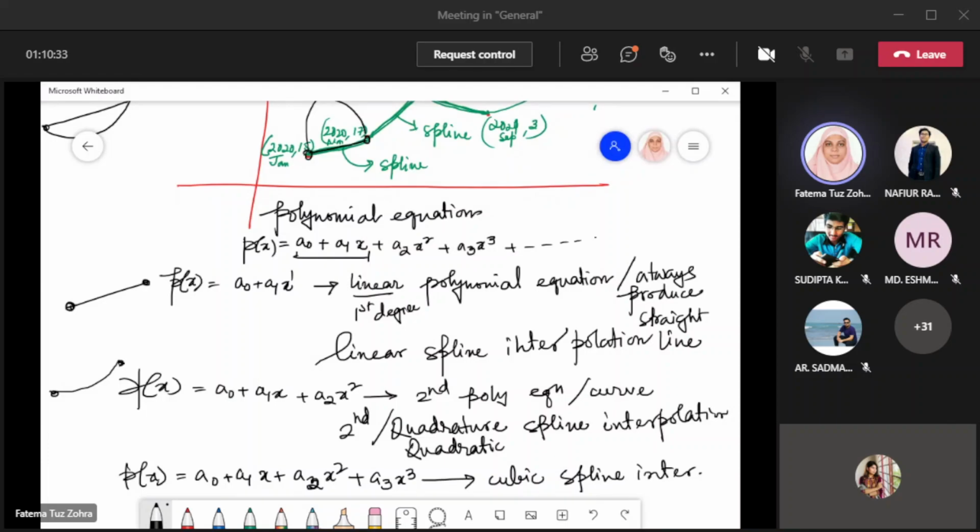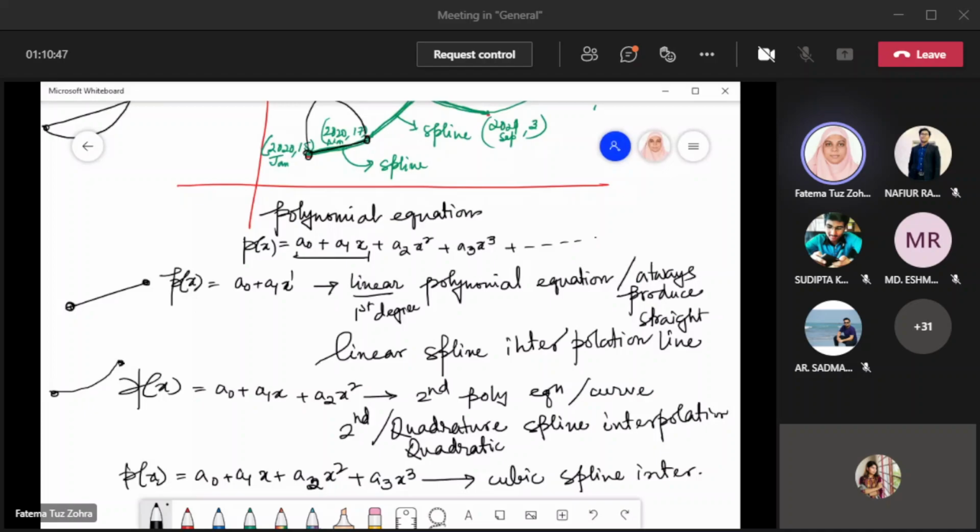Linear spline interpolation uses a polynomial equation of degree 1. Quadratic spline uses a polynomial equation of degree 2. And cubic spline uses a third degree polynomial equation. Is it clear? Yes, ma'am.